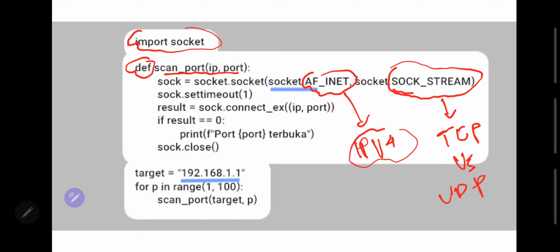Before sending this packet, TCP will check the data. If the data is complete, TCP will send this data. But if any data is lost, TCP will wait until the data is complete. And UDP is vice versa.